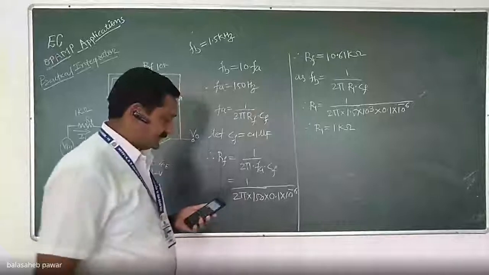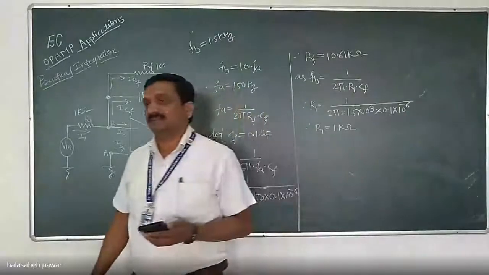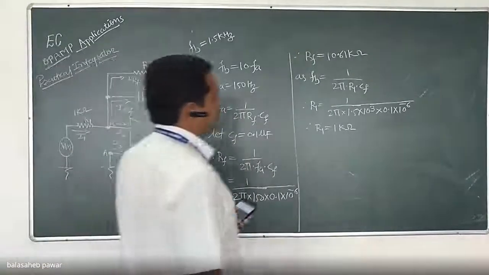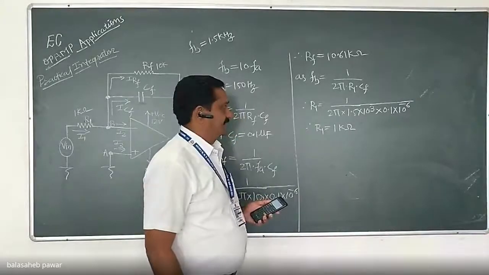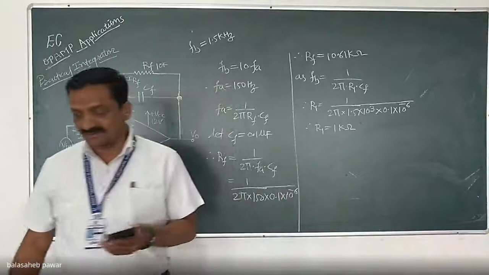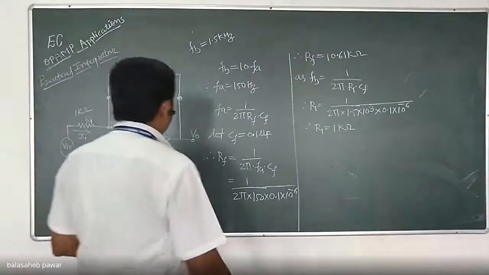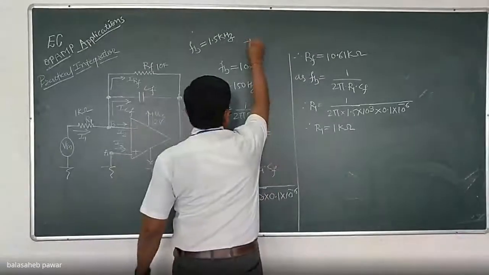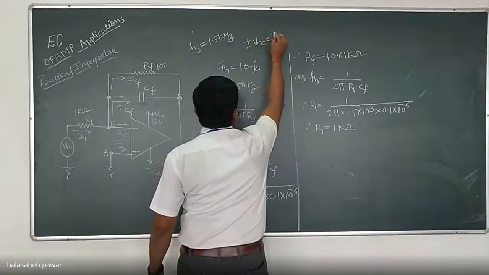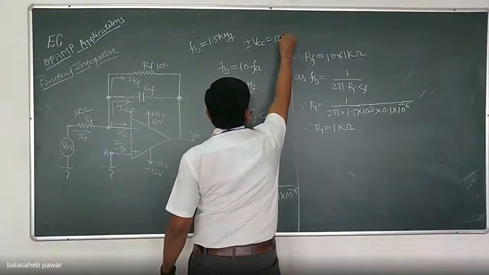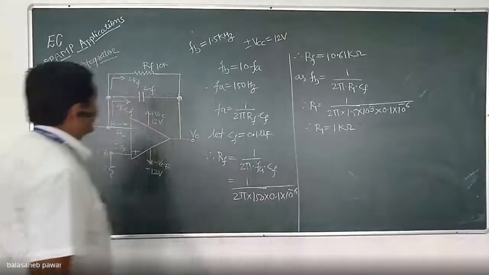It will be 1.06 into 10 raised to plus 3, so it is about 1 kilo ohm. While implementing the same circuitry, consider plus minus VCC equals 12 volts, that is plus 12 and minus 12.